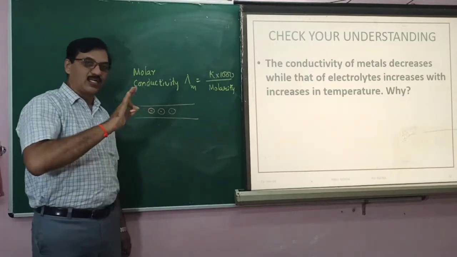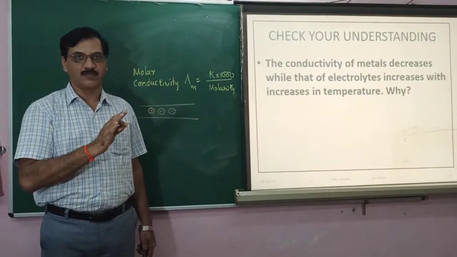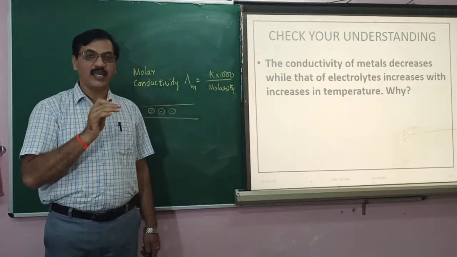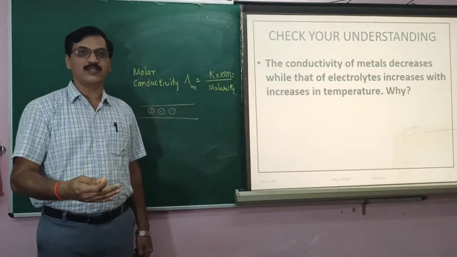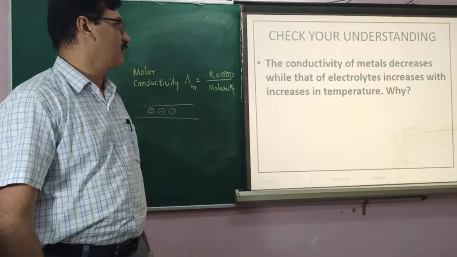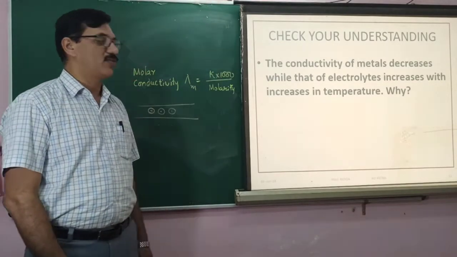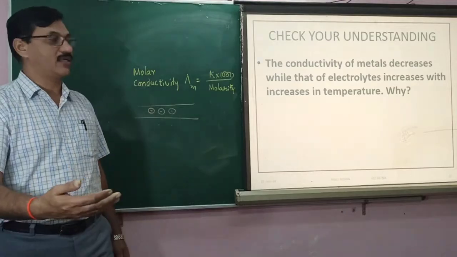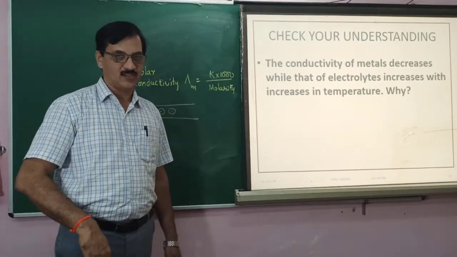And kernels start vibrating at high temperature. When they are vibrating, they will give a hindrance to the flow of electrons, and because of that resistance increases. Therefore, conductivity of the metal decreases.